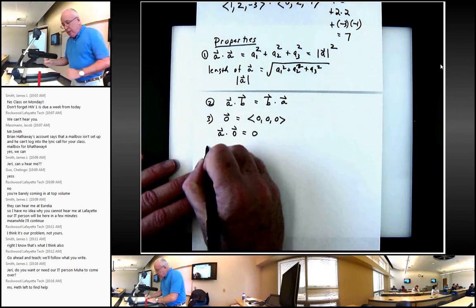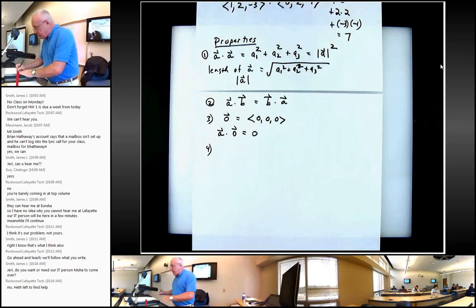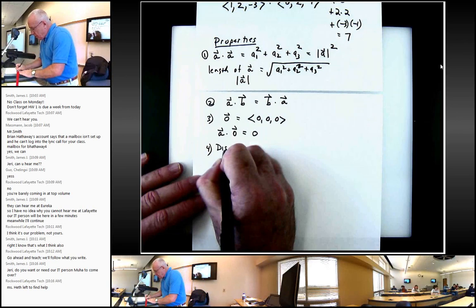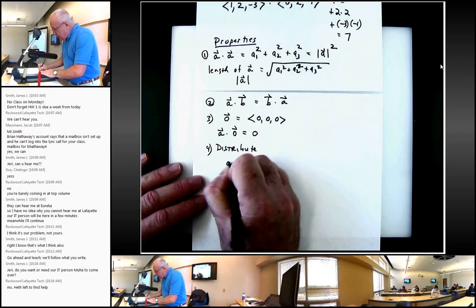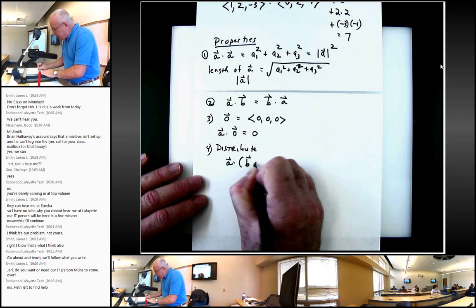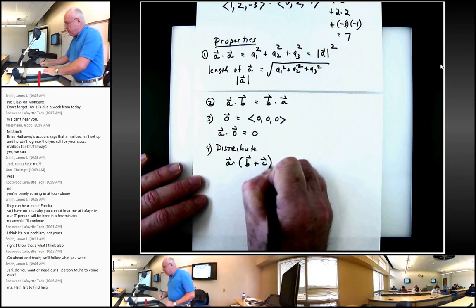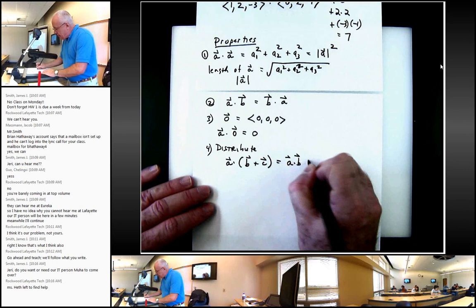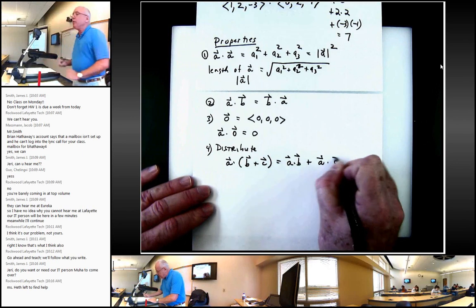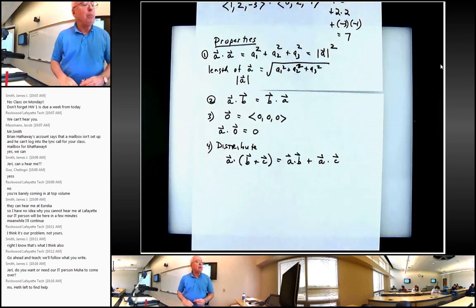Another thing is we can distribute the dot product. So A dot the vectors B plus C, I can distribute that and that gives me A dot B plus A dot C. Okay, just like you distribute in multiplication.